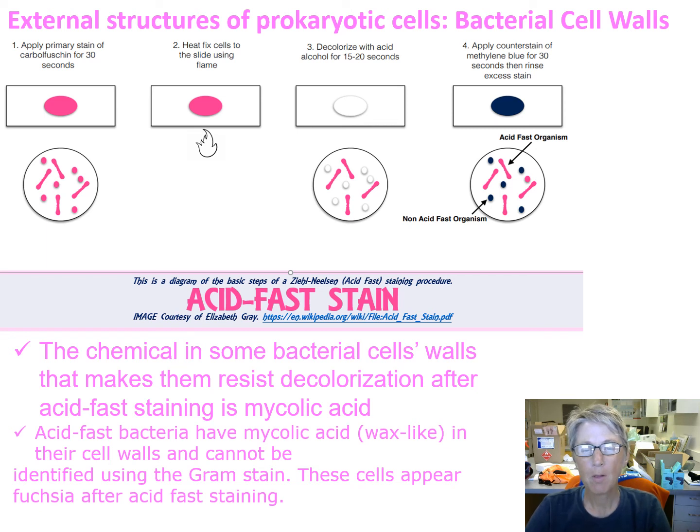And we said this earlier, but the chemical in some bacterial cell walls, like the bacteria that cause tuberculosis, that mycolic acid makes them resistant to decolorization after acid-fast staining.